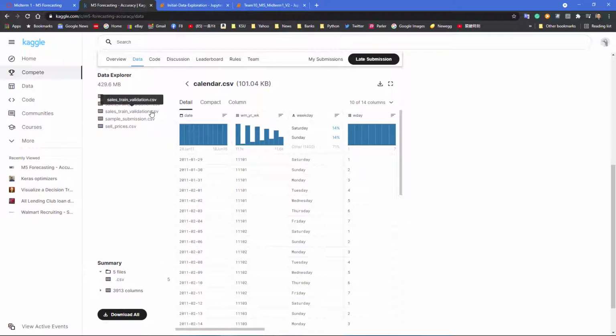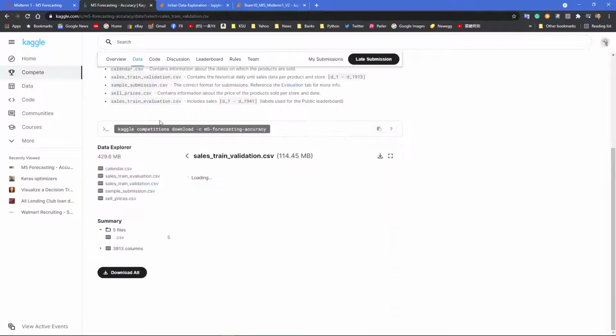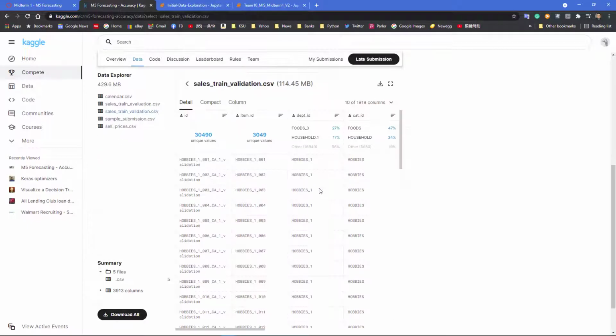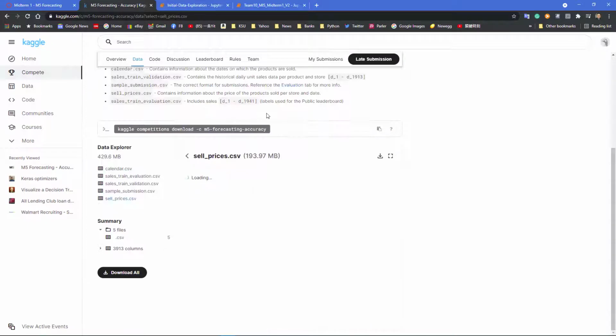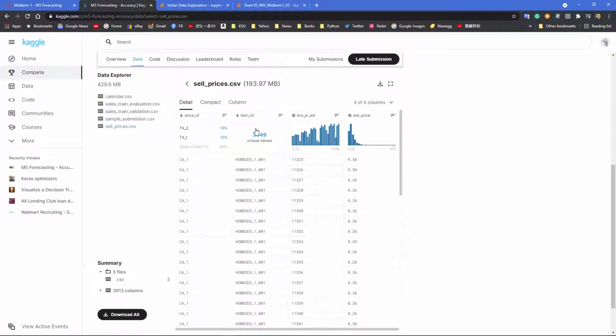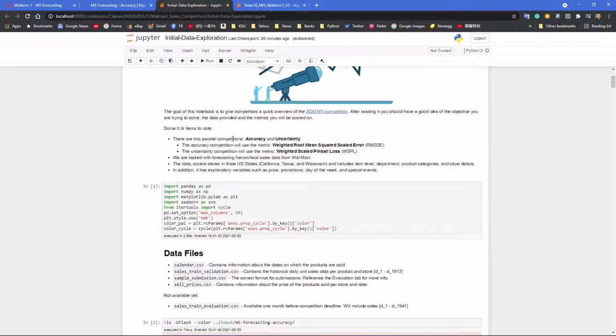Each file has, for example, the training validation file is 114 meg, and it has 30,490 unique values and many different rows. The sales price also has many different rows as well. So let me show you how big these are.